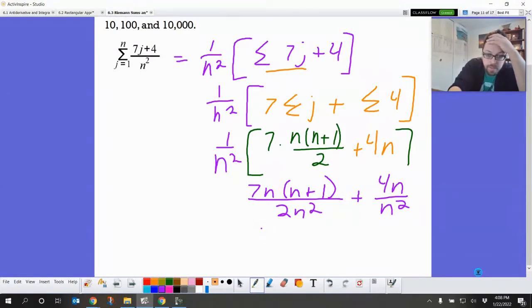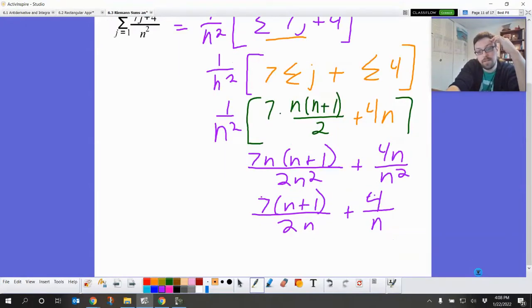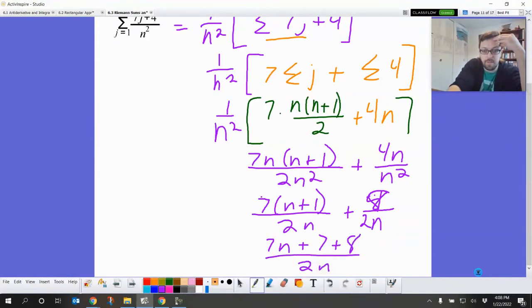So let's see, that is 7n plus 1 over 2n plus 4n. All right, common denominators. So that is 8 over 2n. So that is 7n plus 7 plus 8 over 2n.